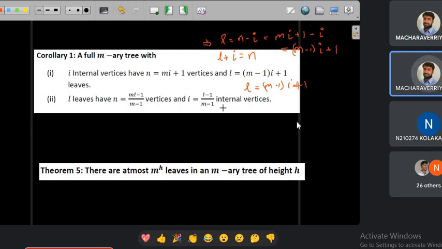Okay, so similarly the second condition you can obtain, like finding the total number of vertices, knowing it is a full m-ary tree and the number of leaves. And here, deriving the number of leaves by knowing the number of internal vertices. That's what. Alright, so there is one more theorem which illustrates that there are at most m to the power h leaves in any m-ary tree of height h.